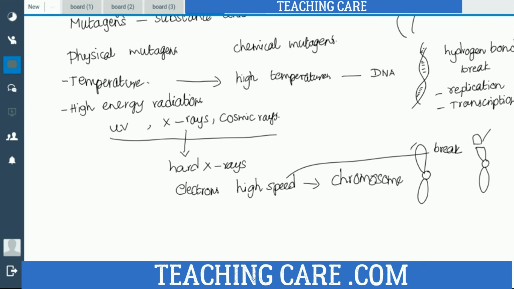When hard X-rays are used, high-speed electrons are released. When these high-speed electrons come in contact with the chromosomes, the chromosomes break because they are coming with high speed.